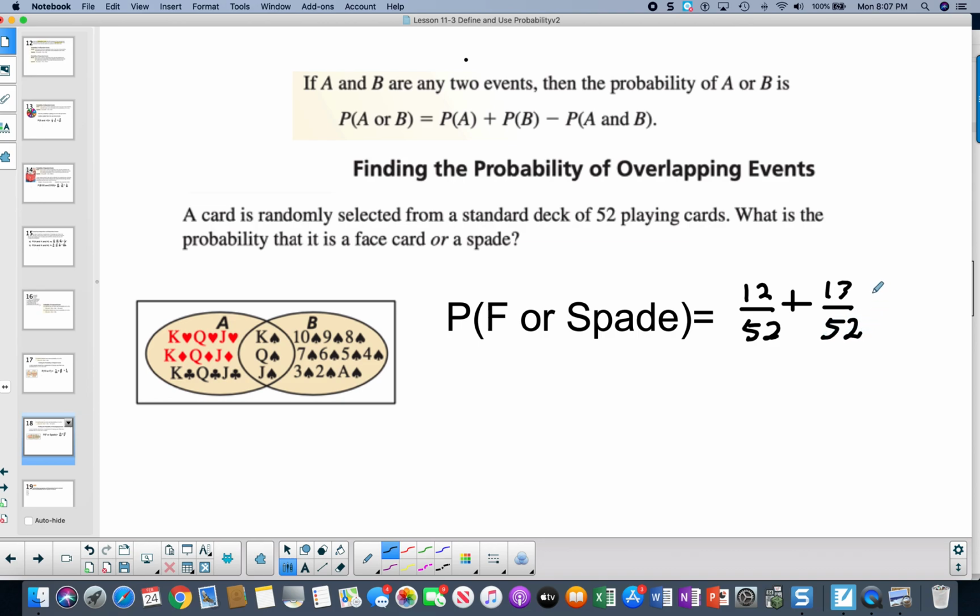And we're going to have to eliminate the overlapping, and there happen to be 3 that are both spades and face cards out of 52. And then if you go ahead and add them all and then reduce, you're going to get 11 out of 26.